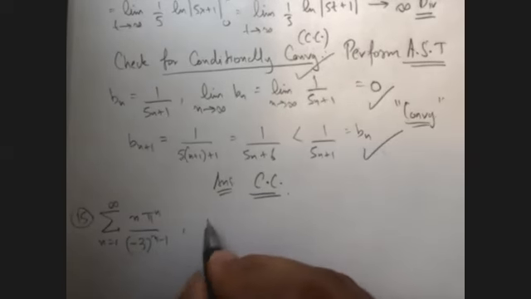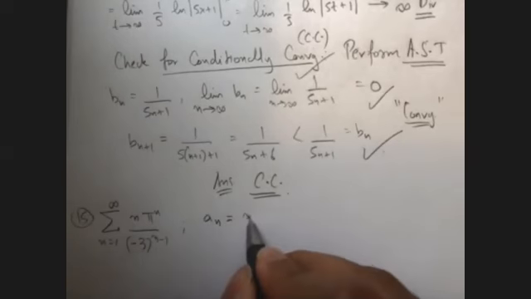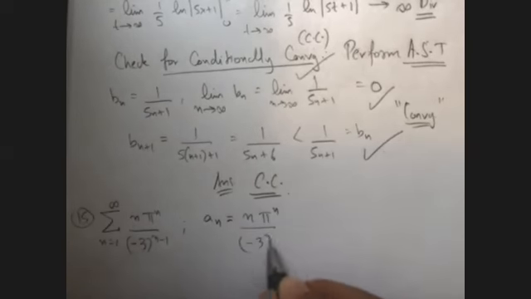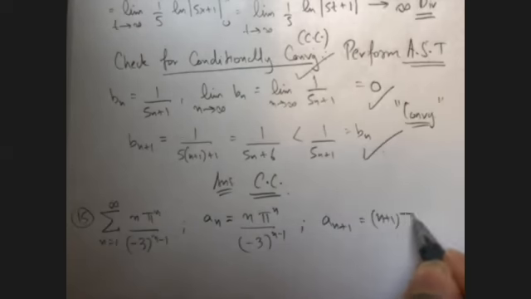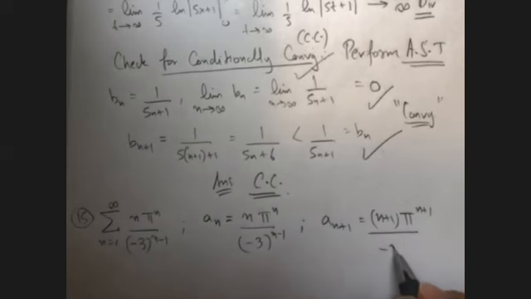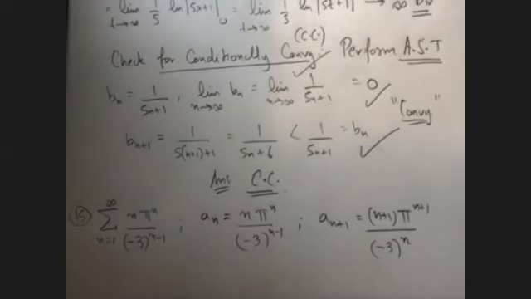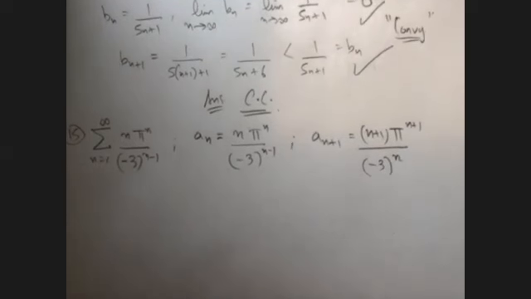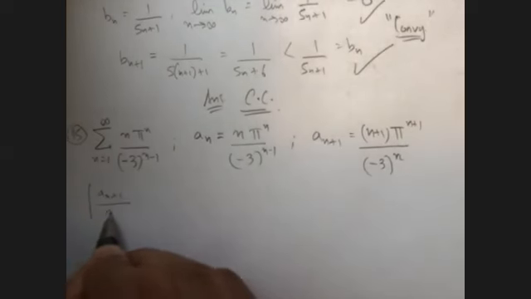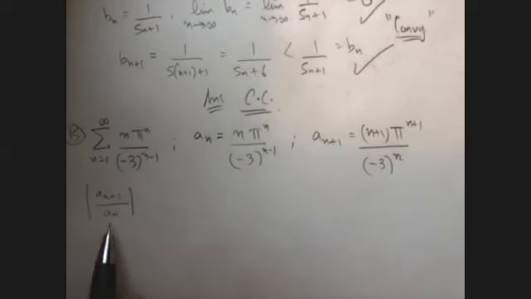So let's see. a_n is... and a_(n+1)... Now ratio test means we have to evaluate the quantity absolute value of a_(n+1) over a_n.